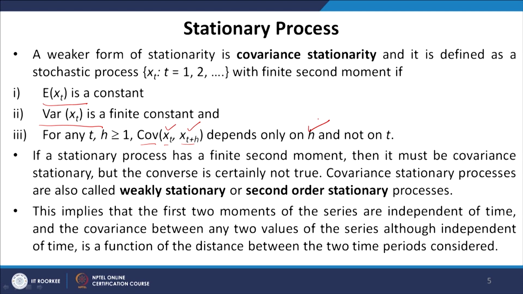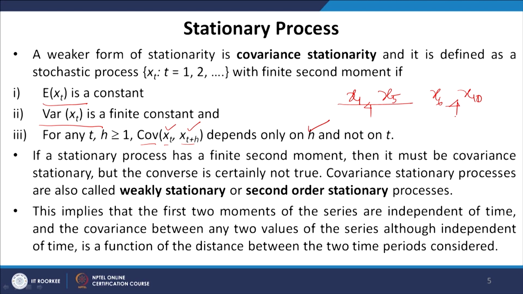If I am considering time period 1 and time period 5, there is a distance of 4, and the covariance between them will be equal to the covariance between x 7 and x 11, where again we have a difference of 4.